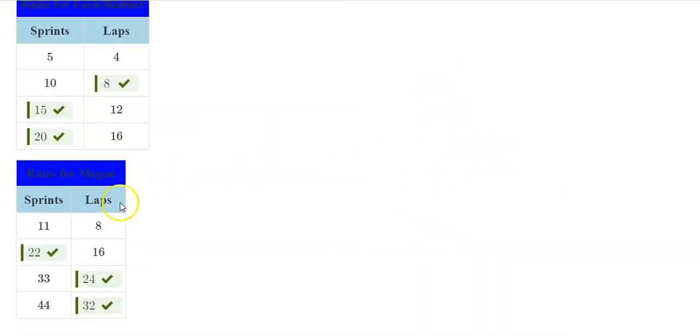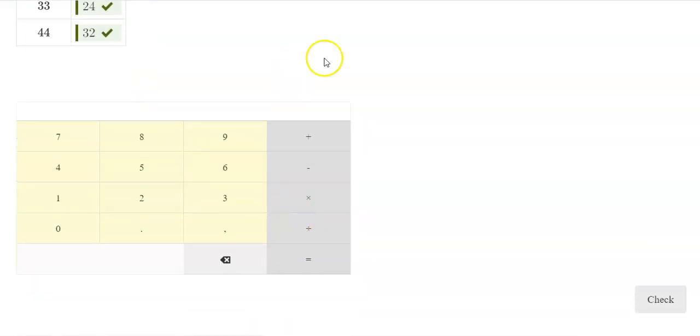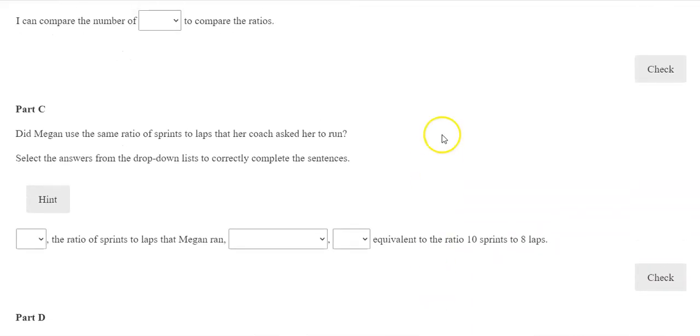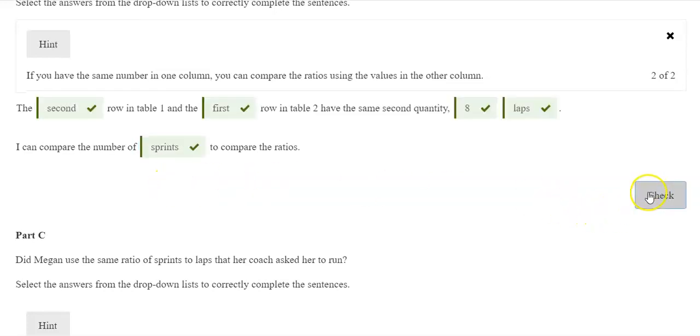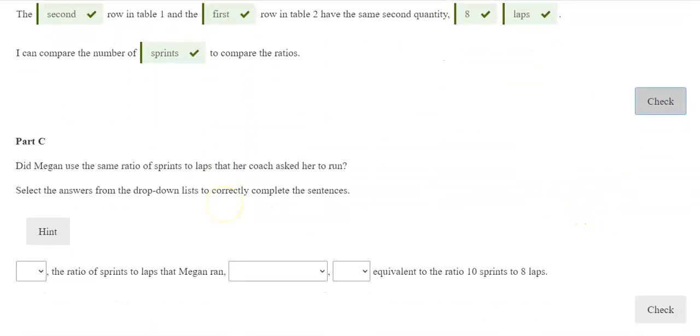Because if I look up here, I have 8 laps right here, and I have 8 laps right here. I'm then going to finish doing this part. I can compare the number of sprints to compare the ratio. So I'm going to compare the different sprints.